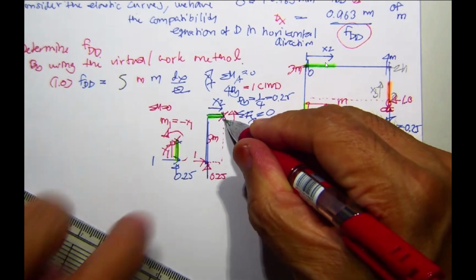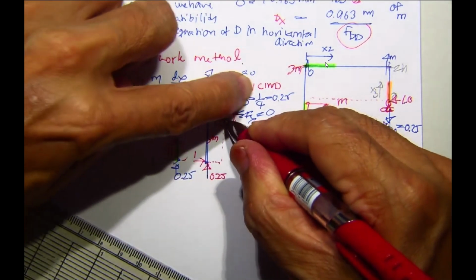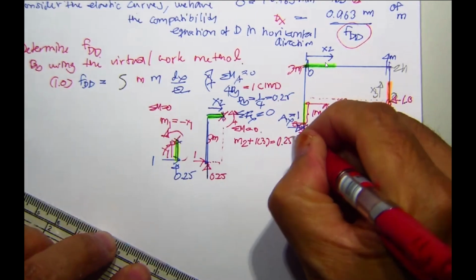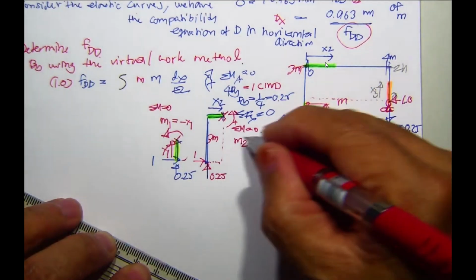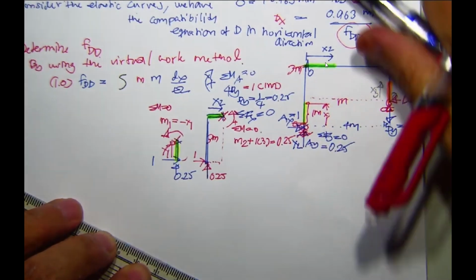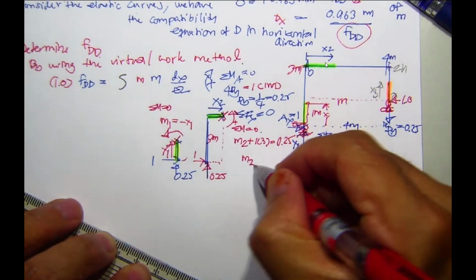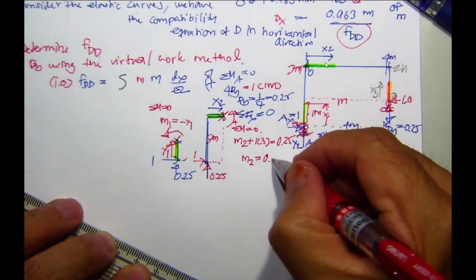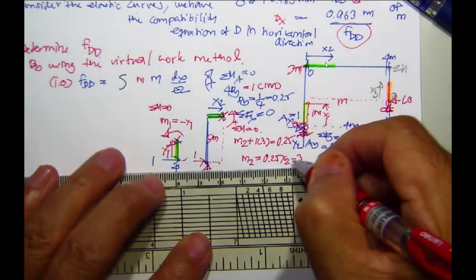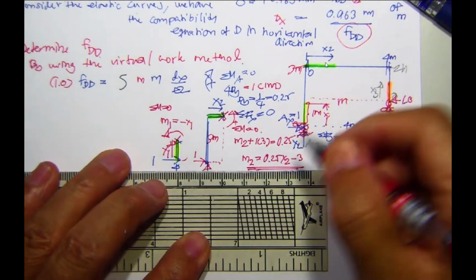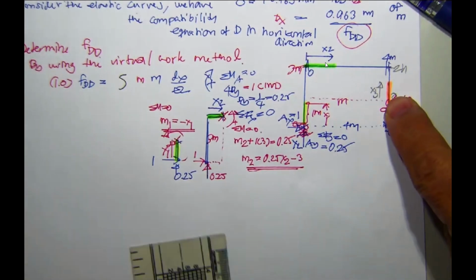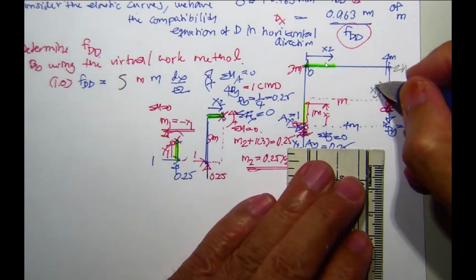However, 0.25 rotates in the opposite direction, equal to 0.25 x2. Then your m2 is gonna be 0.25 x2 minus 3. Okay, I like it over here. I like it over here. And the last one, we have to cut this one.